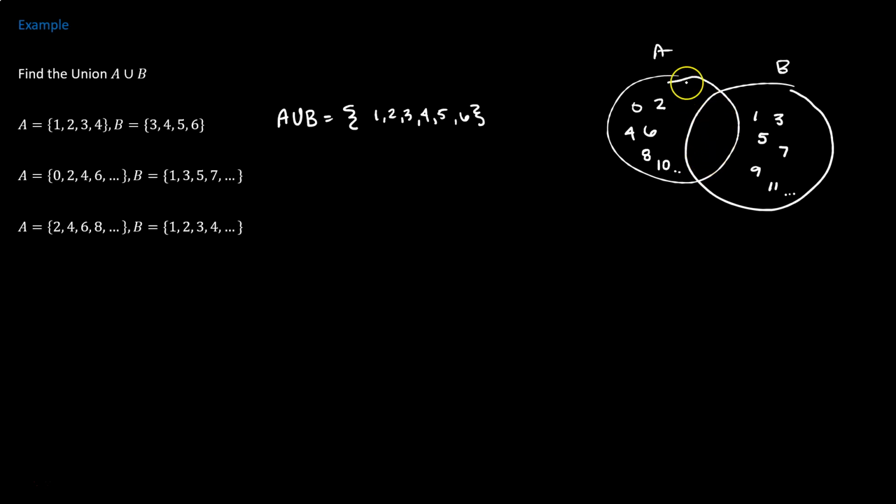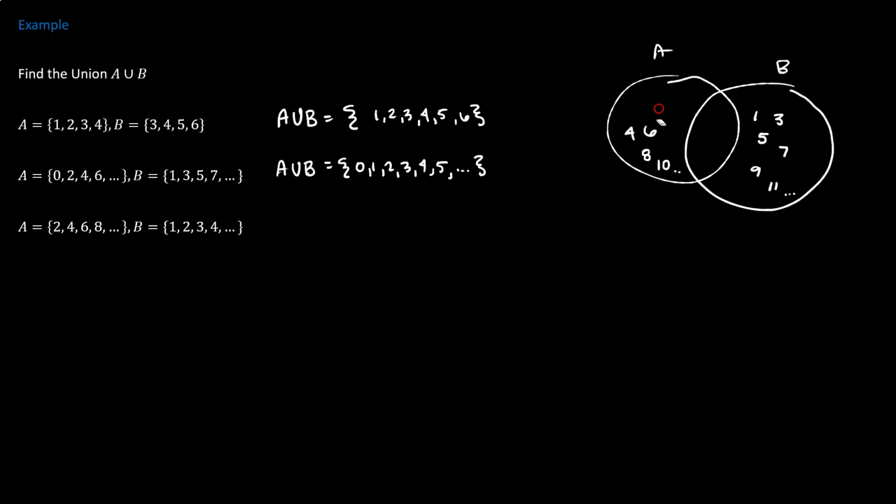But the union is going to include everything in both circles. So A union B, that's going to take all of the even numbers and combine them with the odd numbers. So our union would actually be the whole numbers.